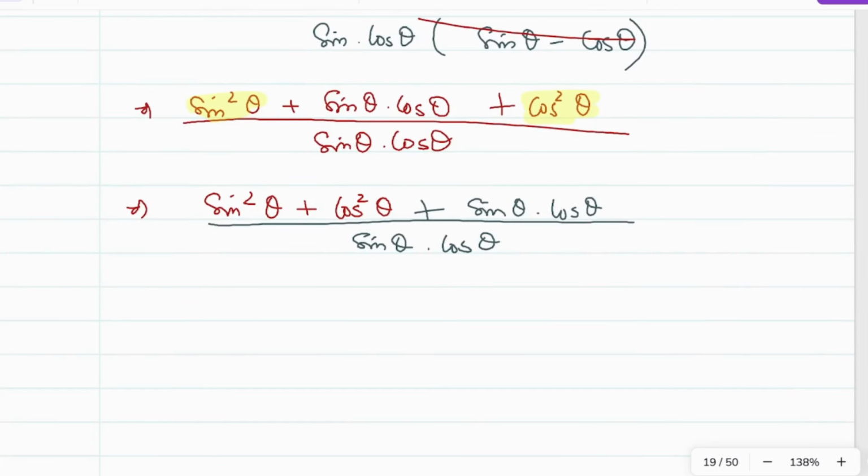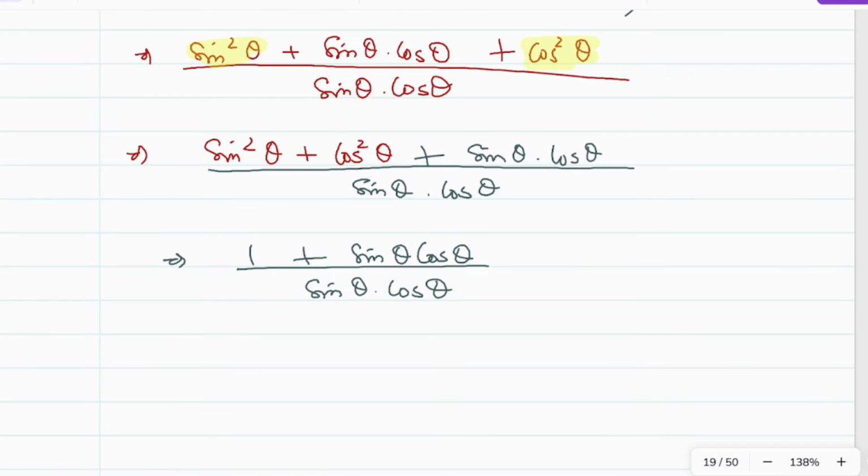What is sin square theta plus cos square theta? It is equal to 1. So 1 plus sin theta cos theta, divided by sin theta cos theta.